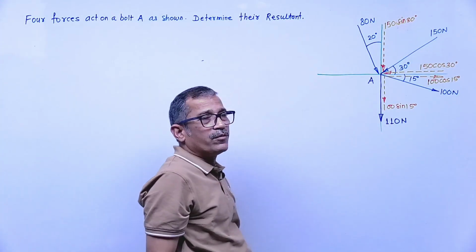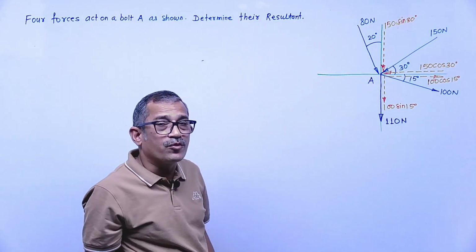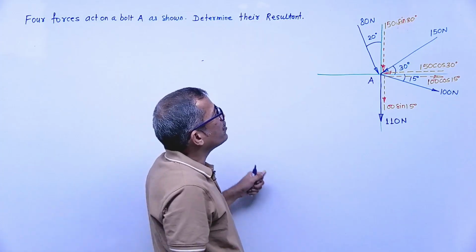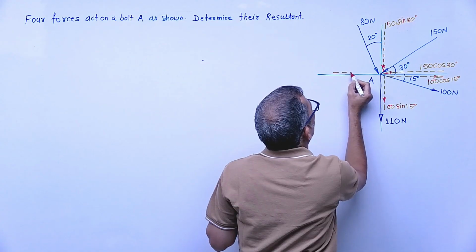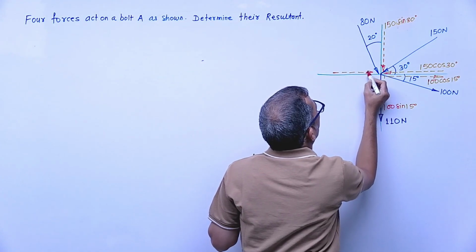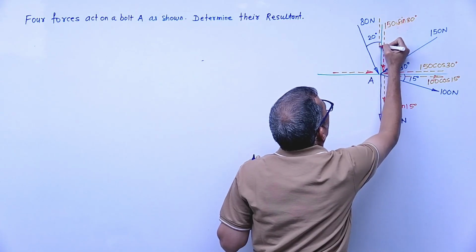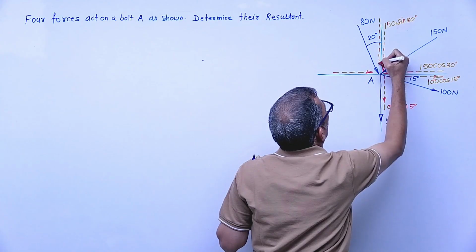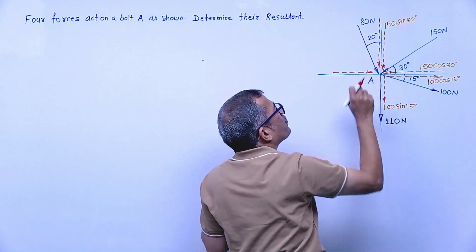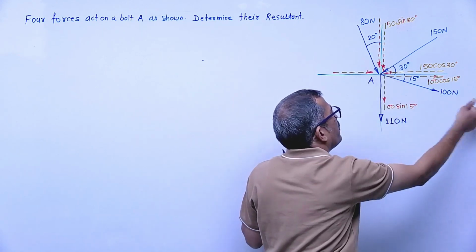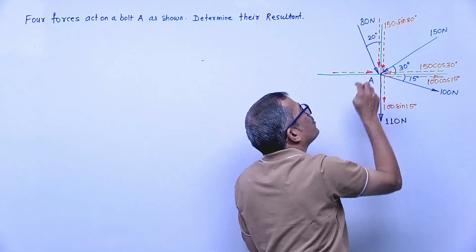Next force, 80 Newton. It is again towards point A, meaning push in nature, so the components must be towards. The horizontal component is rightward and the vertical component is downward. Okay, the directions of the components are clear: 100 Newton is away, so its components are away; 150 Newton is towards, so its components are towards.